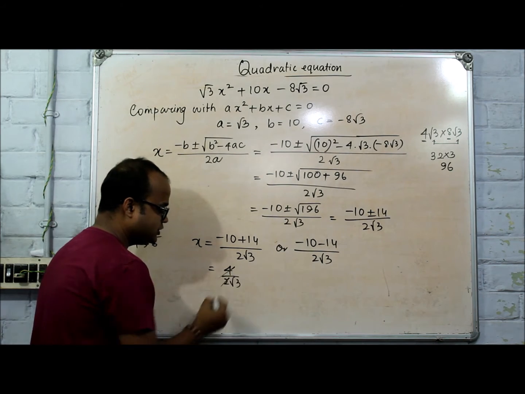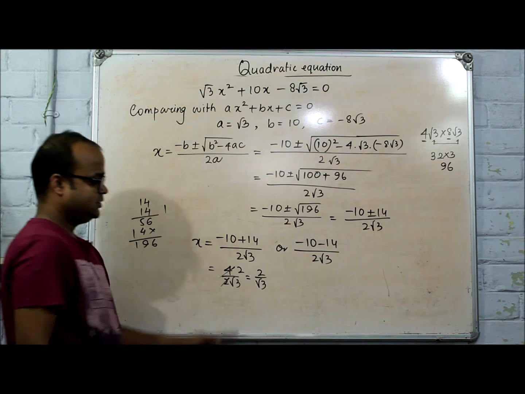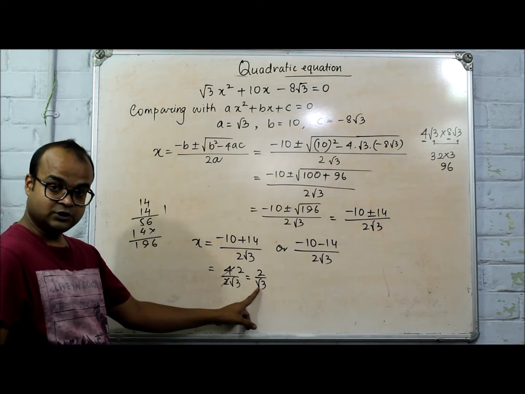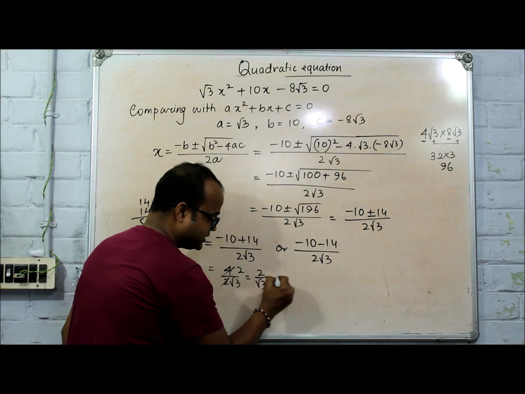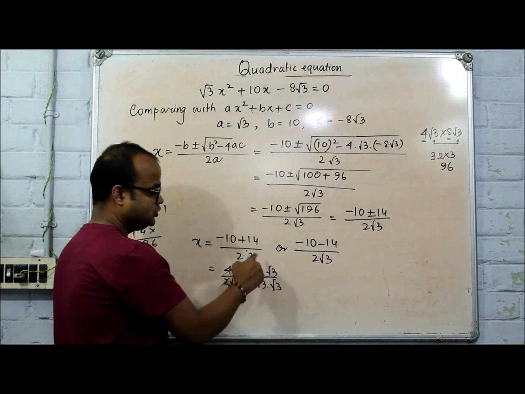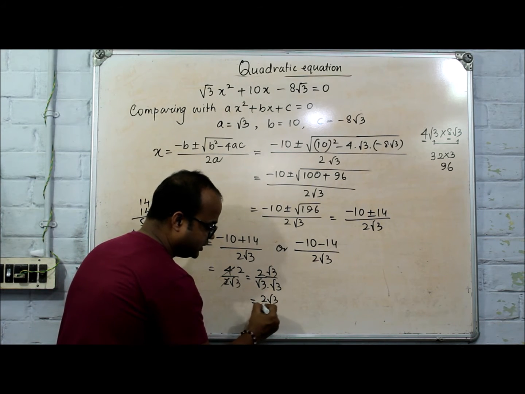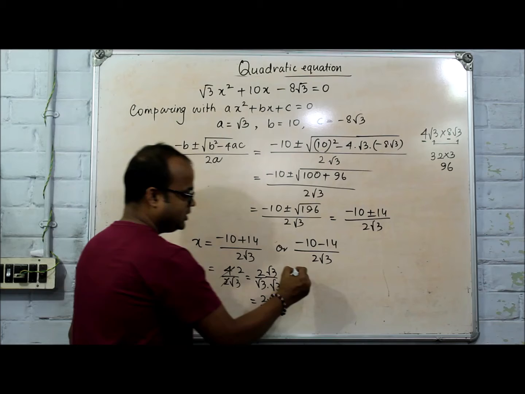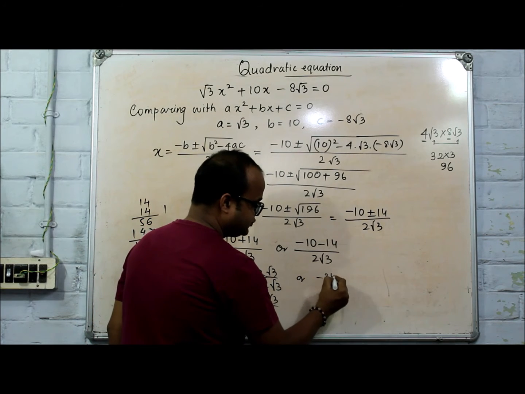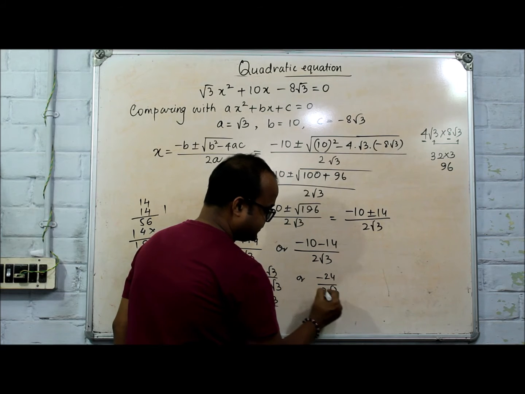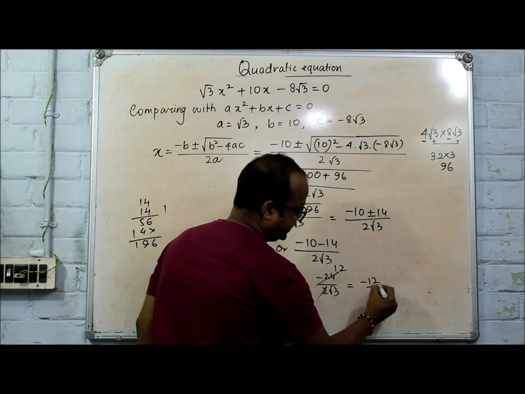We will cancel 2 1s are 2. So 2 by root 3. The root term is there in the denominator, so better we rationalize it. Rationalizing means multiplying numerator and denominator by root 3. So we will get 2 root 3 by 3, or minus 10 minus 14, minus 24 by 2 root 3, that is minus 12 by root 3.